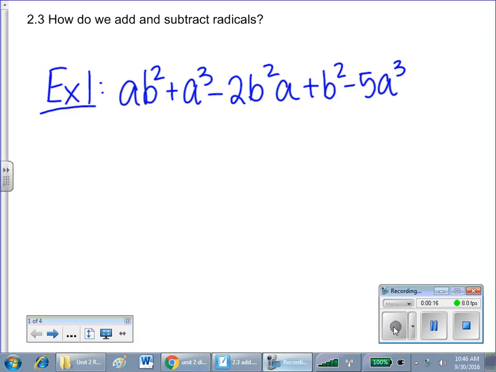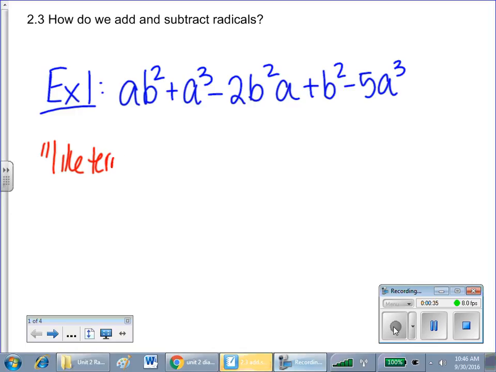So for the first example, we're not dealing with radicals. And the reason is because it's very similar to how we add and subtract just regular variables. So let's try to add and subtract these variables. So first thing I'm going to do is look for like terms. When we talk about variables, like terms means they have to have the same variable and exponent.